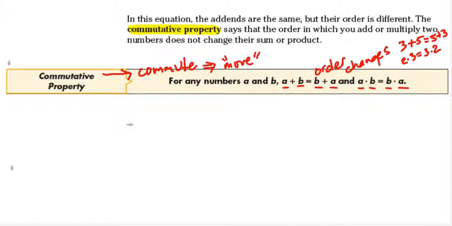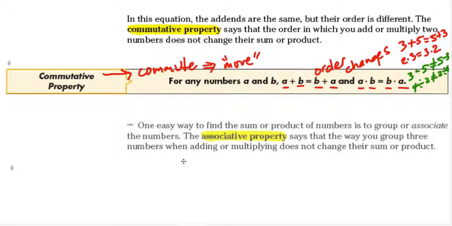But 3 minus 5 is not the same as 5 minus 3. And 4 divided by 2 is not the same as 2 divided by 4. So the commutative property does not work for subtraction, and it does not work for division, and that's the same with the next property.